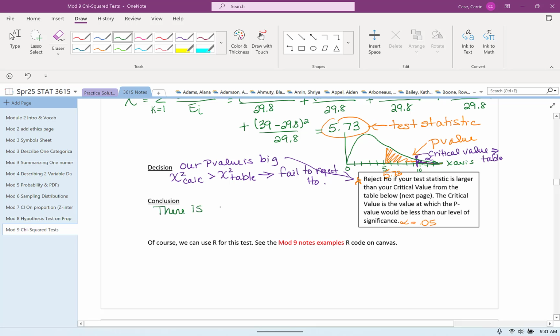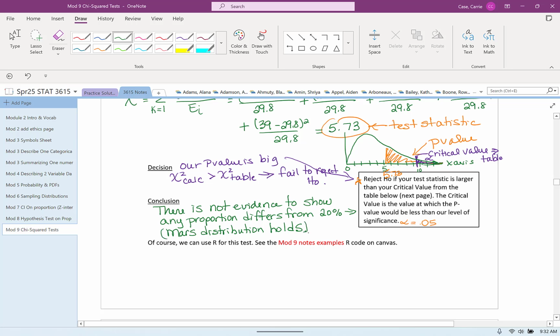There is not evidence to show any proportion differs from 1/5 or 20%, and that indicates the Mars distribution holds in the population. We wouldn't normally have to say that.